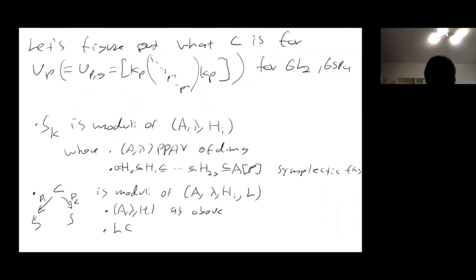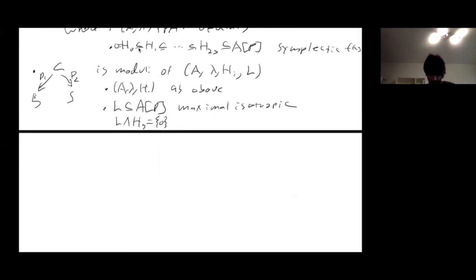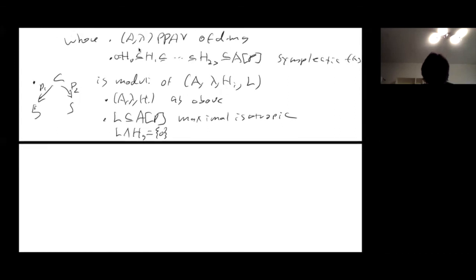Well, L inside the p-torsion of A is a maximal isotropic subgroup, and it should be disjoint from the middle piece of the Iwahori level structure. Okay? So that's the definition of the UP correspondence on the Iwahori level Shimura variety.